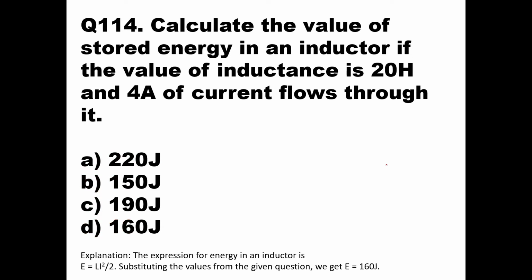Question number 114. Calculate the value of stored energy in an inductor if the value of inductance is 20 Henry and 4 ampere of current flows through it. So he has asked to calculate the value of stored energy. Now, energy is given as L I square upon 2. From the above statement, L is 20 Henry, I is 4 ampere.